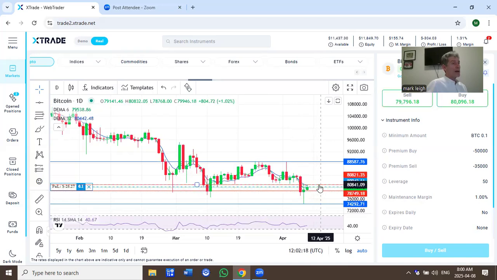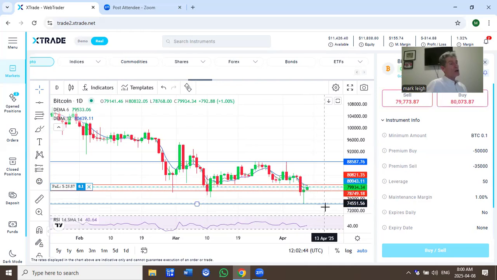Buyers will need to get above this resistance level of 80,000, get to the low 80, 81, 82, 83,000. There you can see 84,000 is this resistance area over here, but a long way to go for buyers. And sellers will want to maintain below the 80,000, where things started today at 78,000.